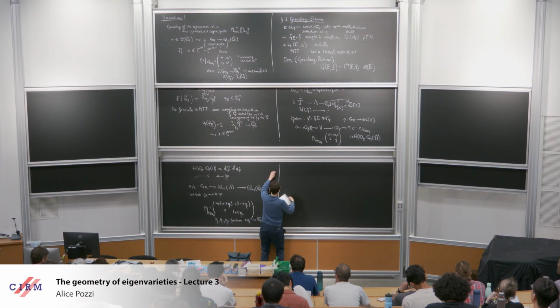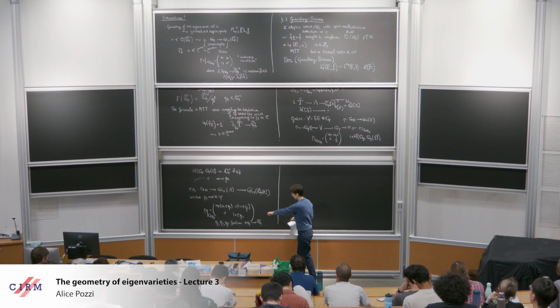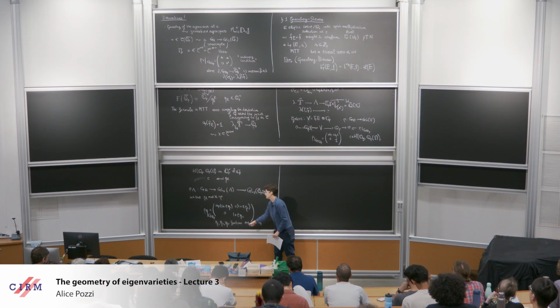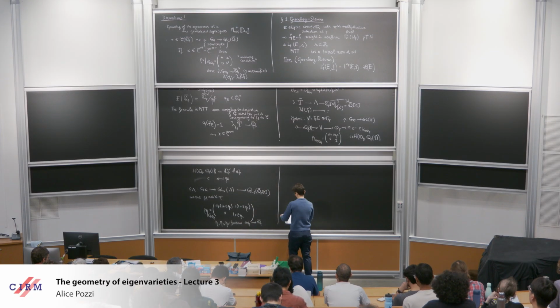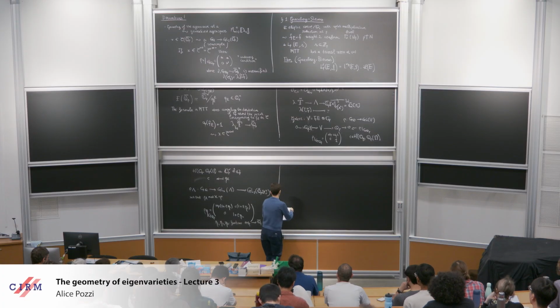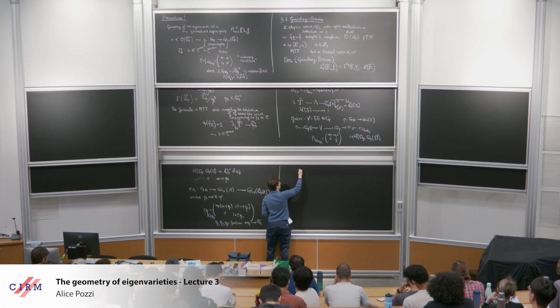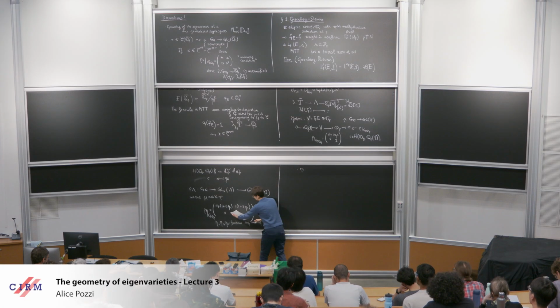Well, if we want this to be a representation, so a group homomorphism, then the ones that appear on the diagonal entries have to be homomorphisms.